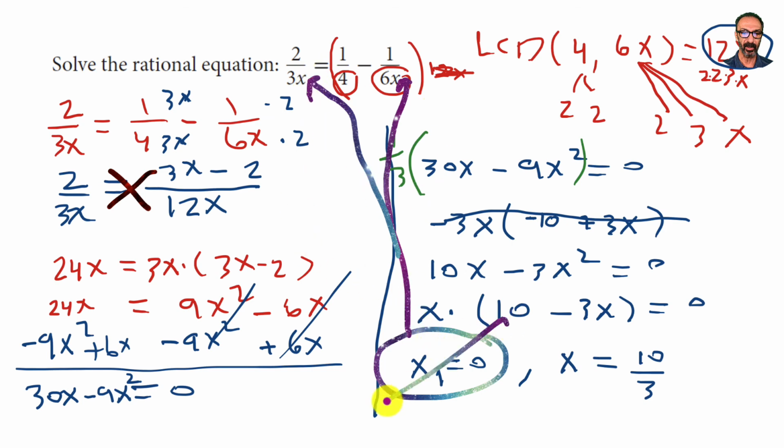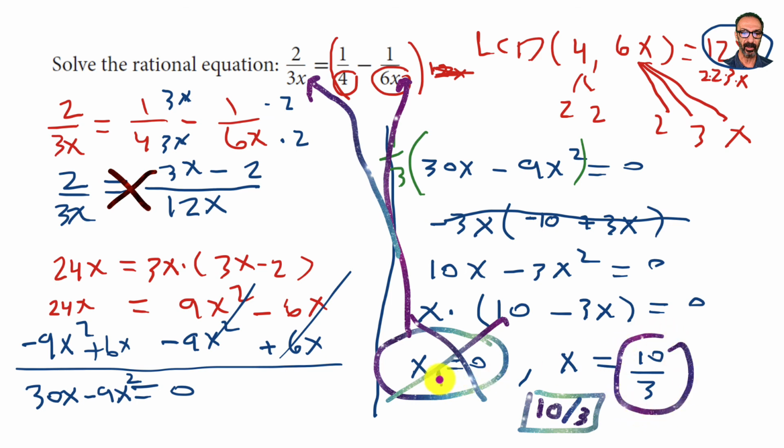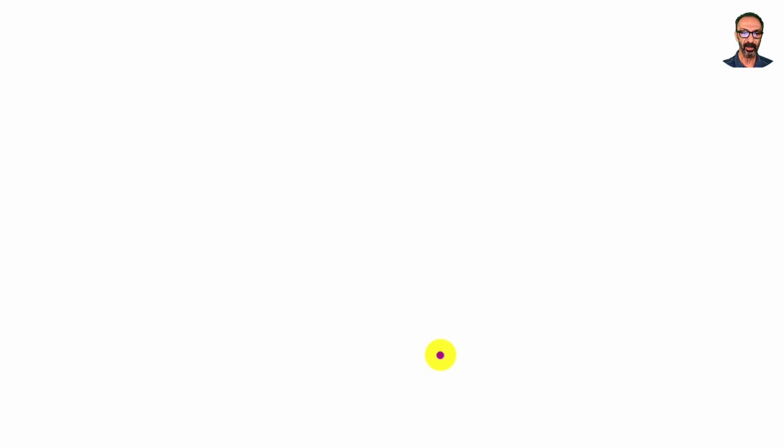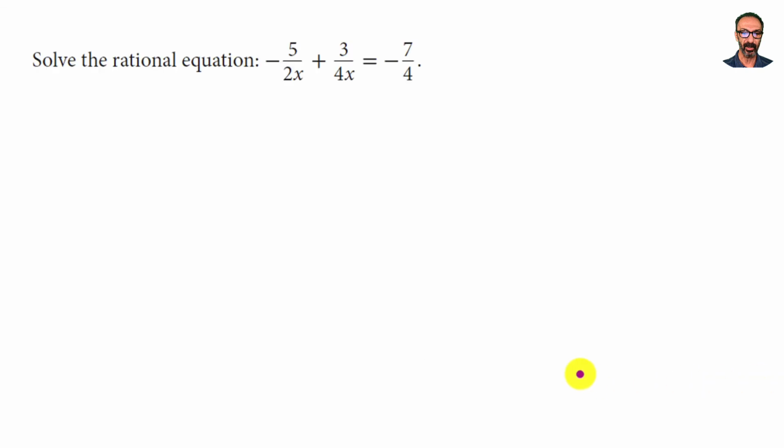So I have to reject this, and the answer should be only 10 over 3. That's the answer, all right? This is the answer. That should be rejected. So you got to be careful with these problems. Okay, that's like an extra space, but we are fine. I just finished it in the same slide.